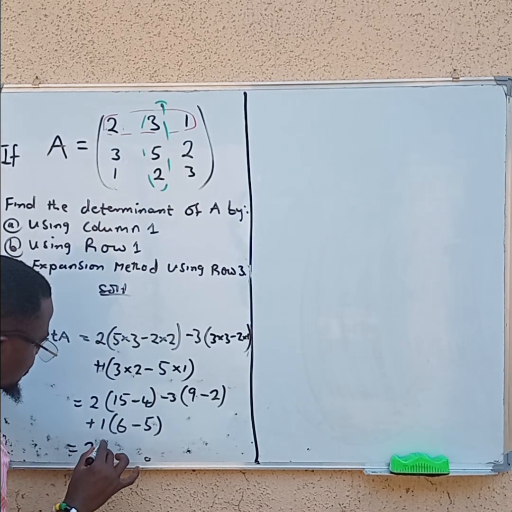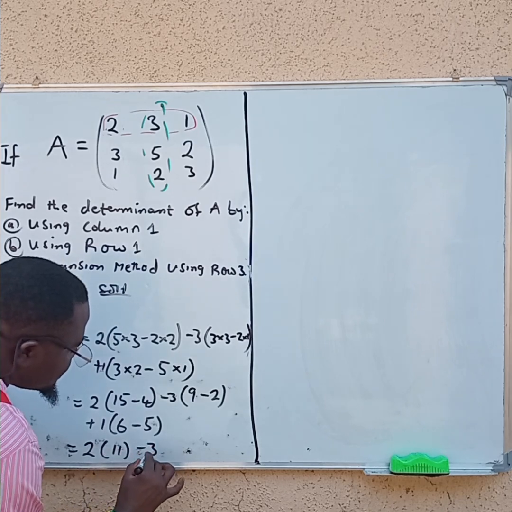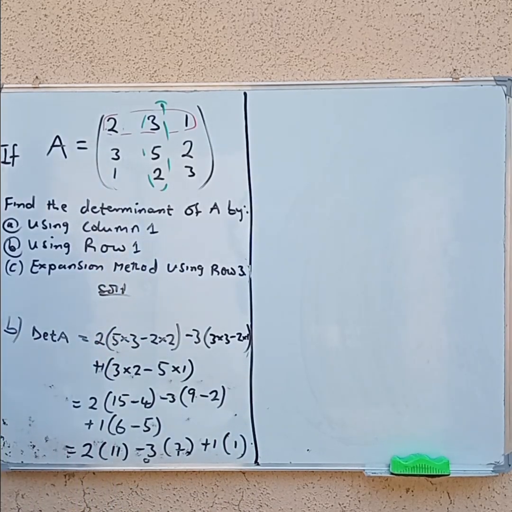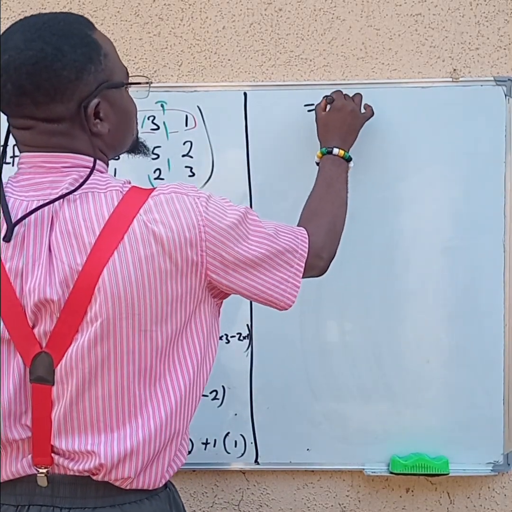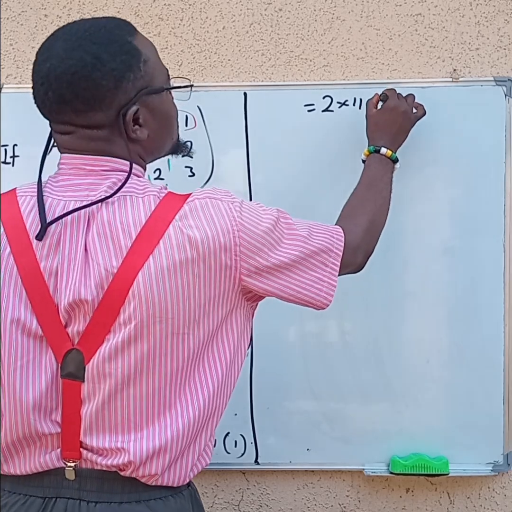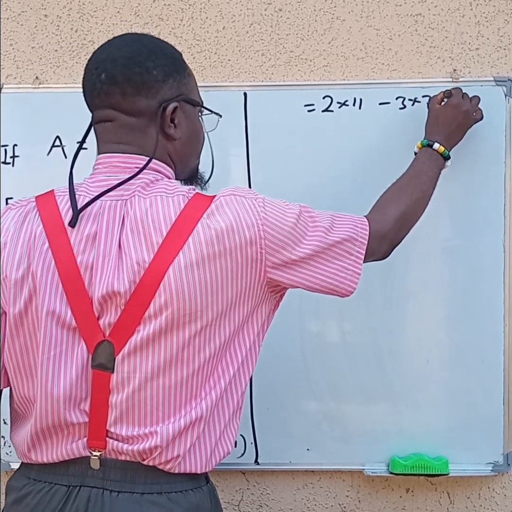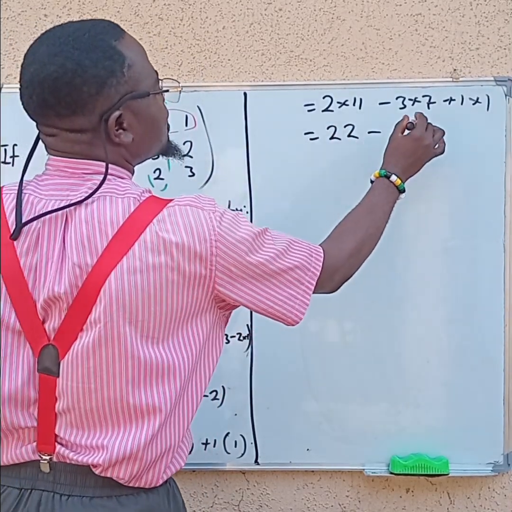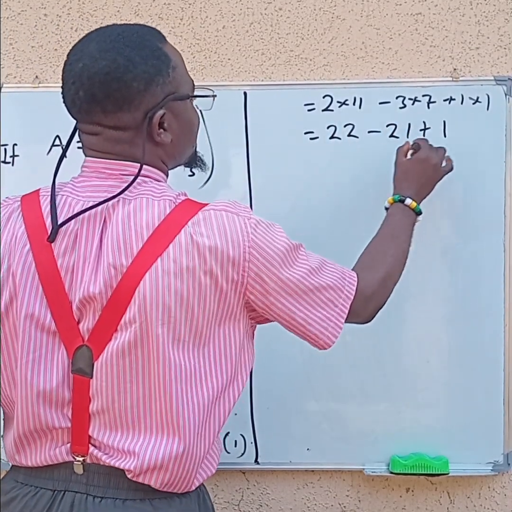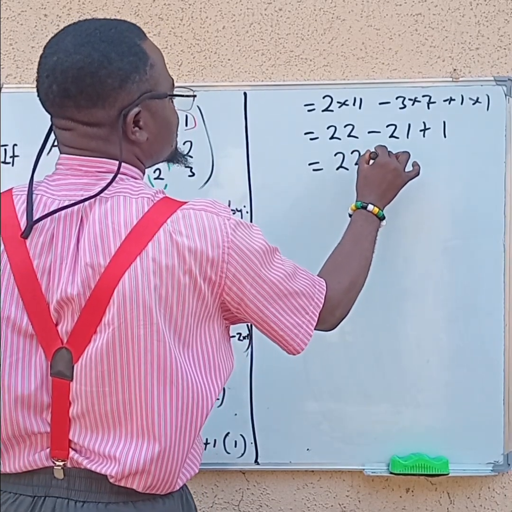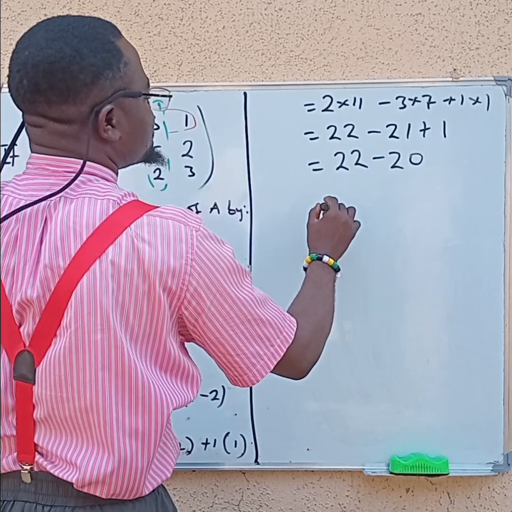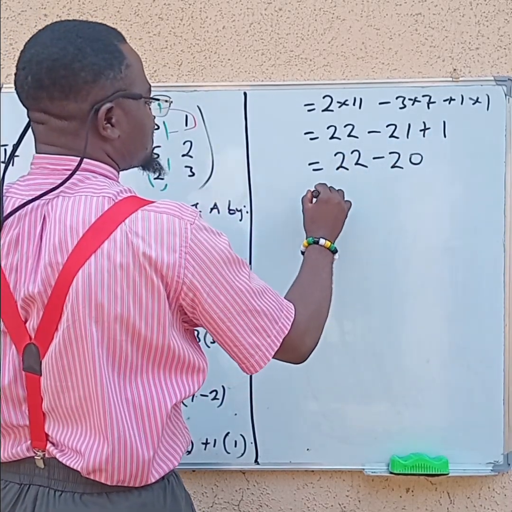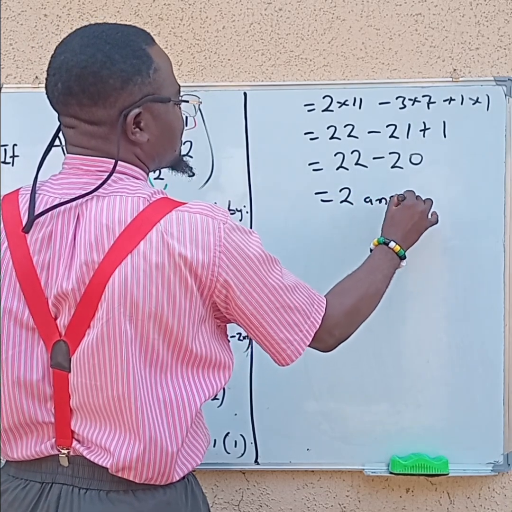So this is 2 times 11, minus 3 times 7, plus 1 times 1, which is 22 minus 21 plus 1. Minus 21 plus 1 is minus 20, so 22 minus 20 is 2. And that is the answer.